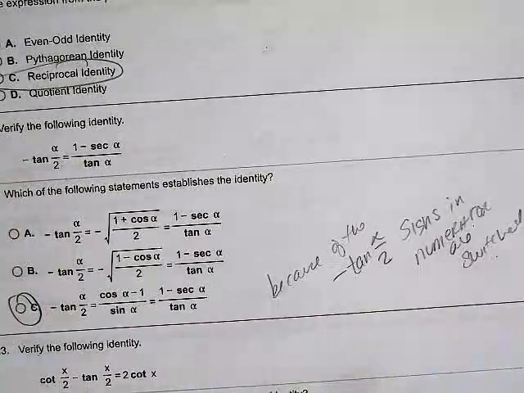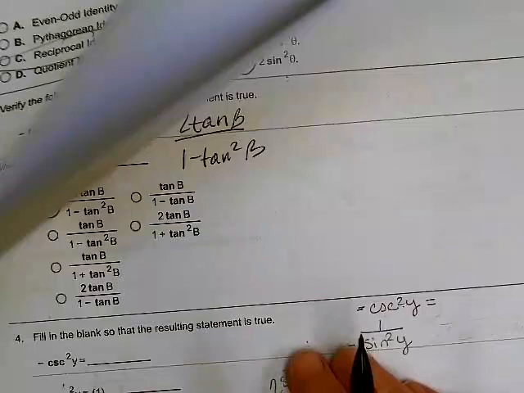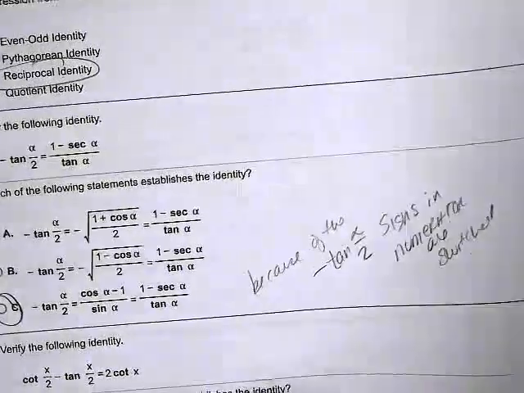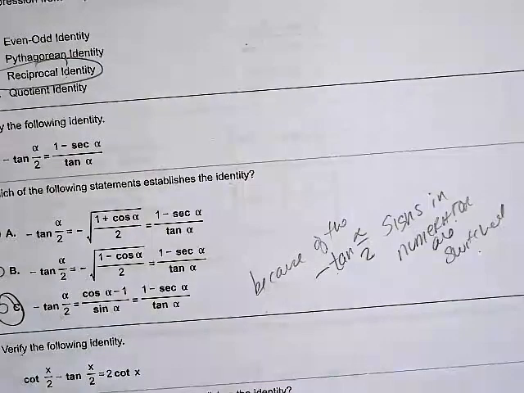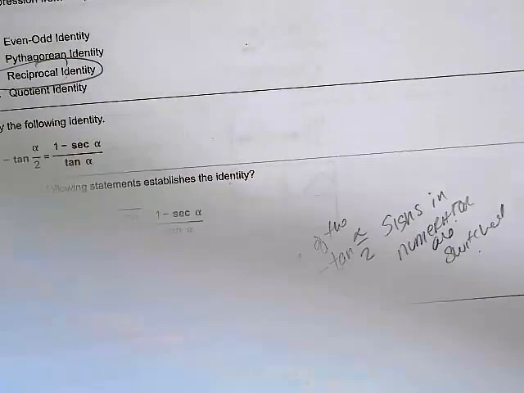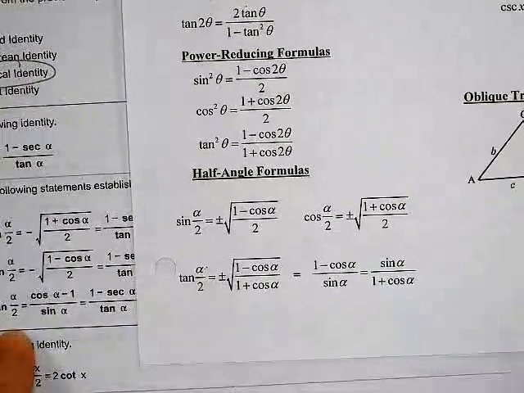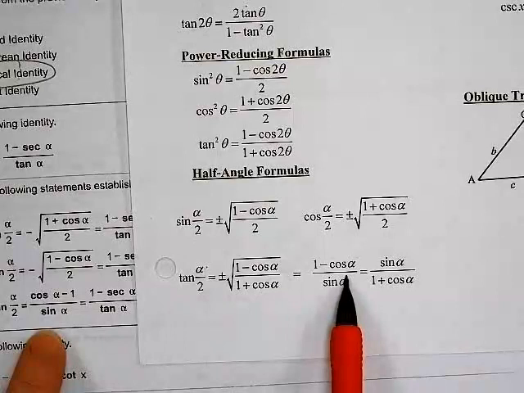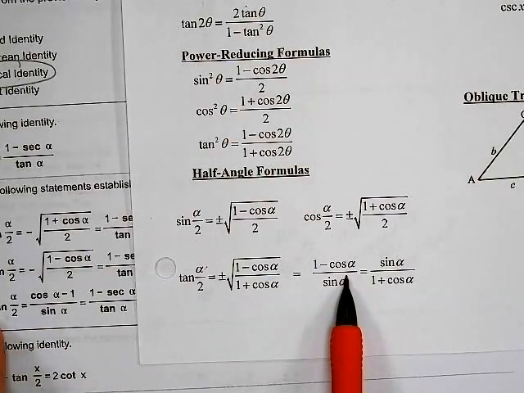What's that one? 22. Make sure I'm looking at this right. Tangent alpha over 2 from my half angle formula. And here we go. There it is right there. And you're just changing the signs because it's negative here and it's positive here.